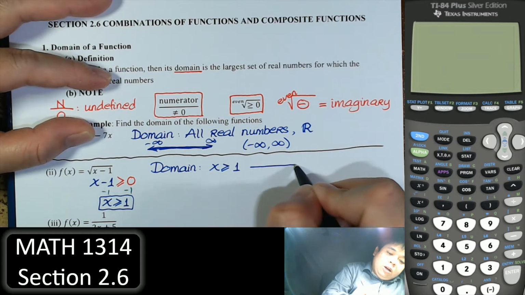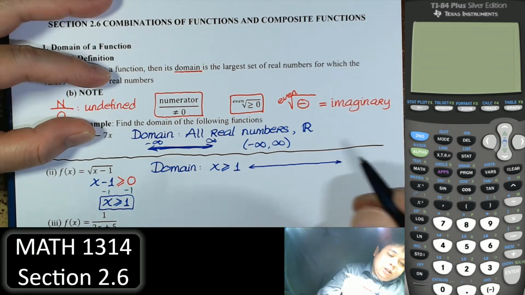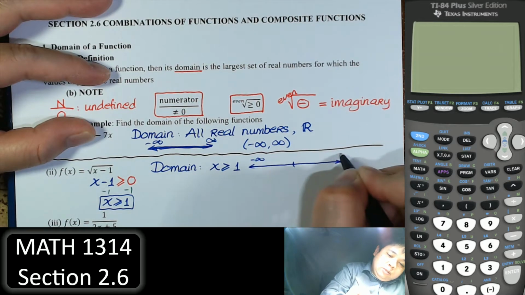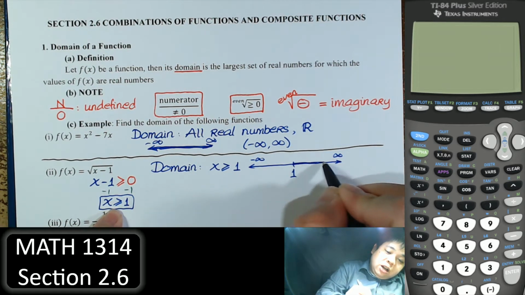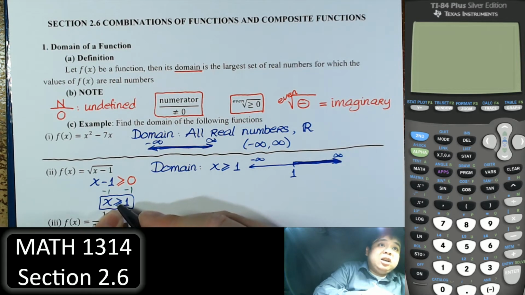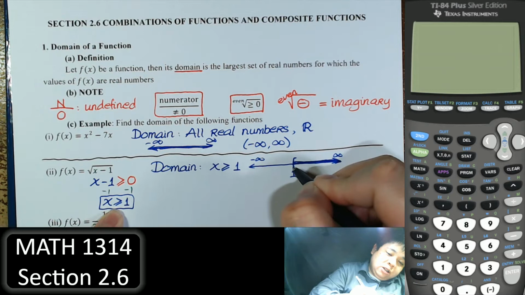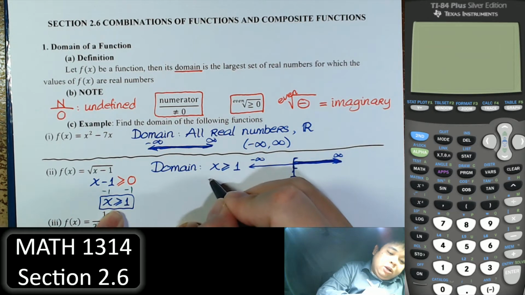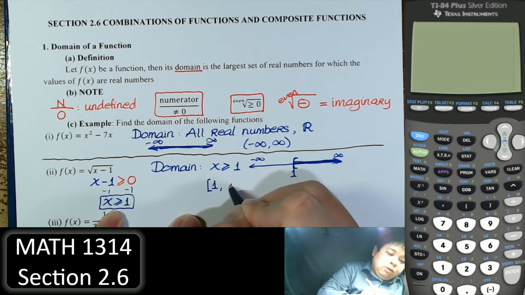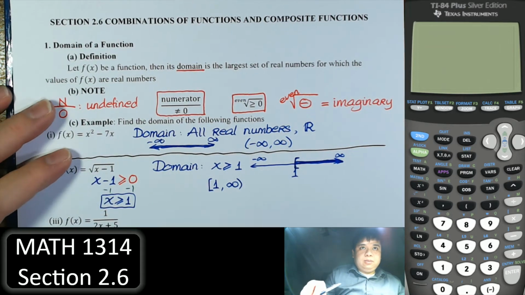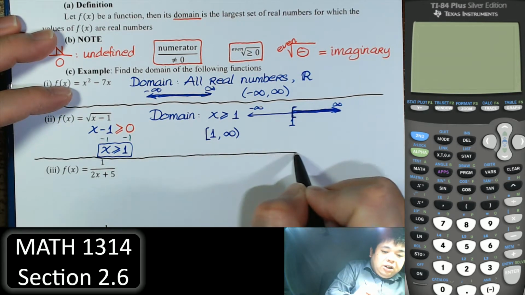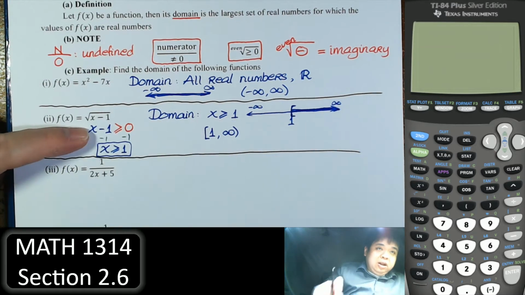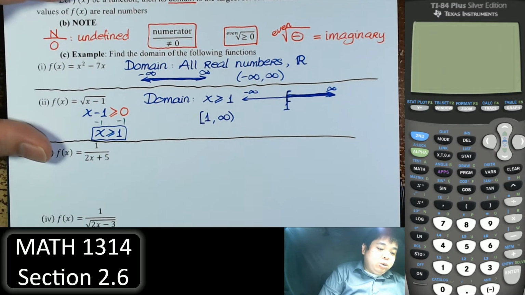If we draw a number line, it will be greater than or equal to 1, so on the right side of 1. It has the equal sign, so it will be a bracket. So the domain will be from 1 to infinity. So when we have the square root, we have to watch out for that. Inside the square root must be greater than or equal to 0.